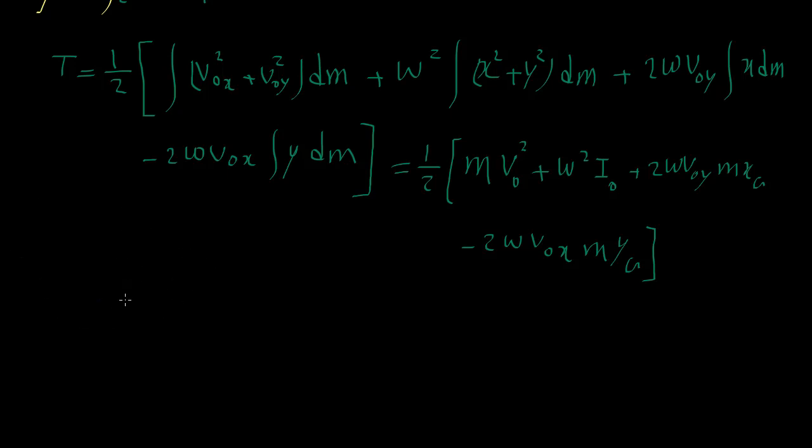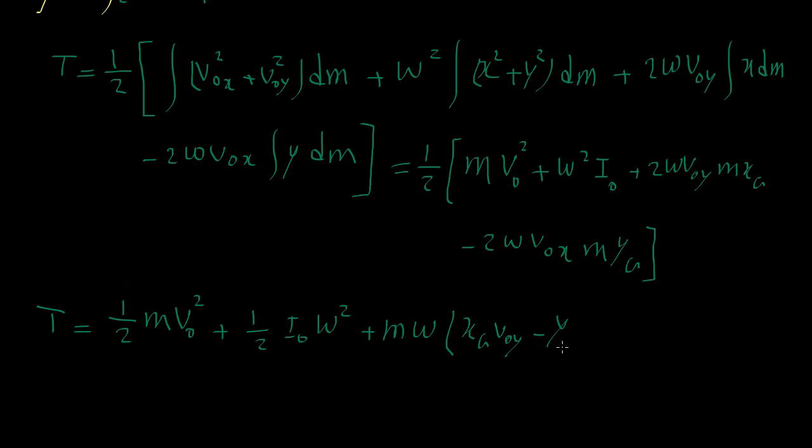Okay, so therefore the kinetic energy is T equal to 1 over 2 m Vo squared plus 1 over 2 Io omega squared, plus, so we can cancel these 2's with each other, so we have these 2 coefficients here and 1 over 2 here, so they cancel out, and then I can factor out m omega, so this would be xg Voy minus yg Vox.